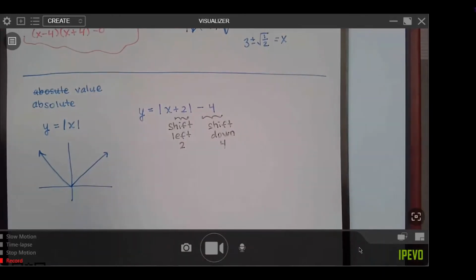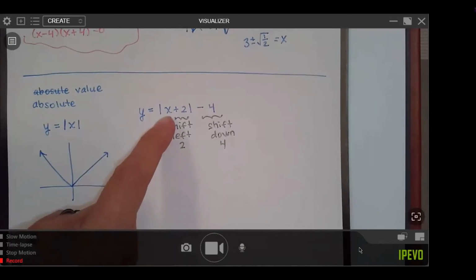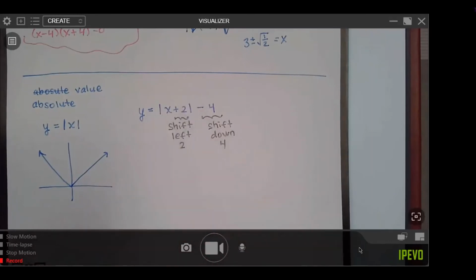The other way to think about this is to just figure out where that vertex point is. Kind of similar to what happens with parabolas, the x value of the vertex is going to be whatever makes this part, I know it's not in parentheses, it's in absolute value, but whatever makes that part equal to 0. So in this case, plugging in -2 for x is what would make the absolute value part 0.